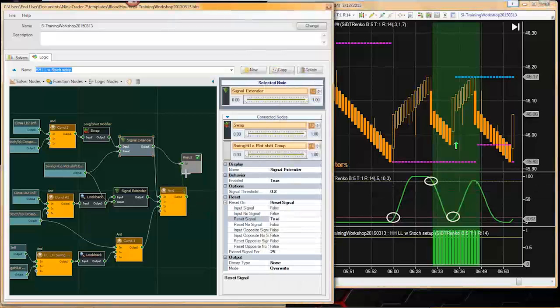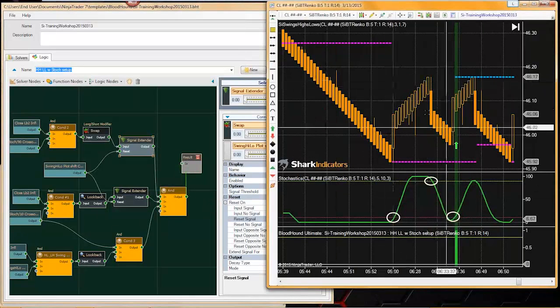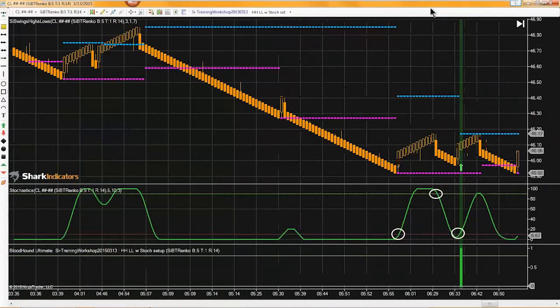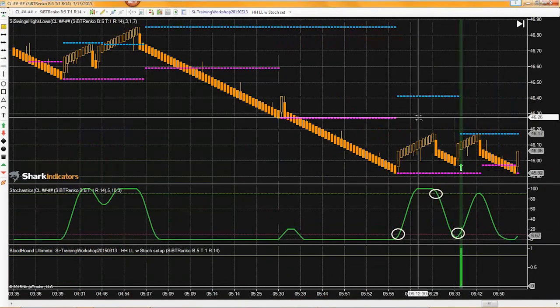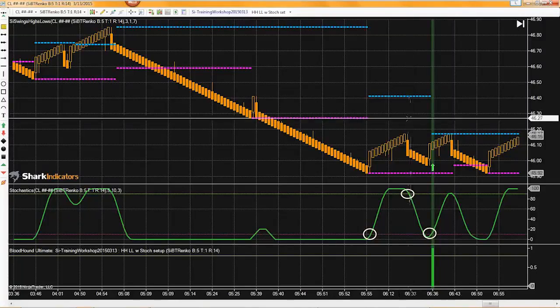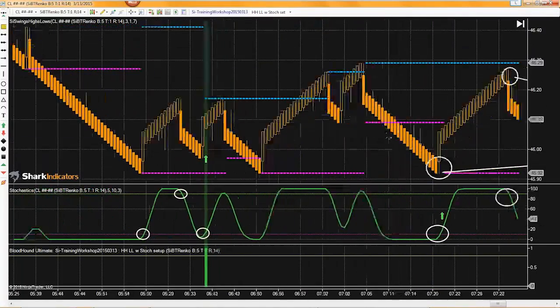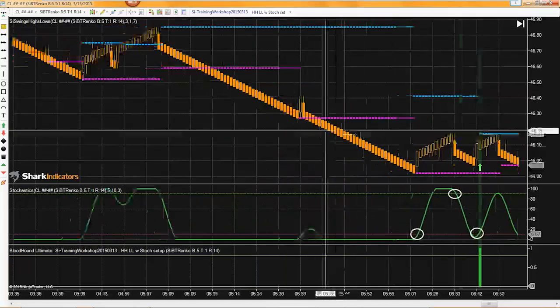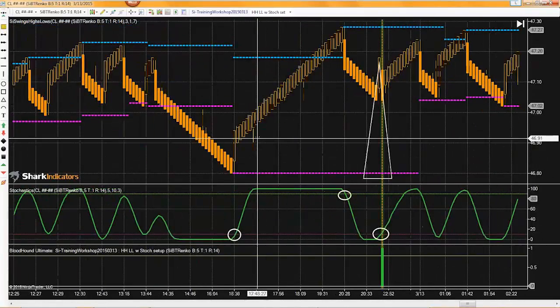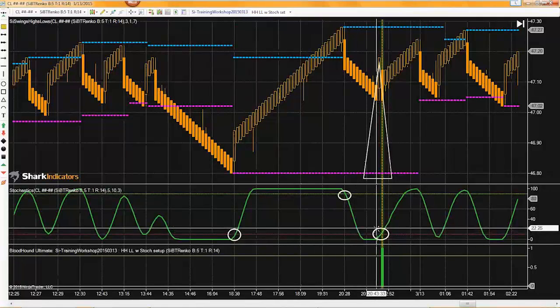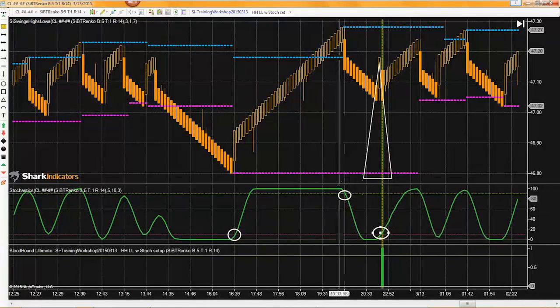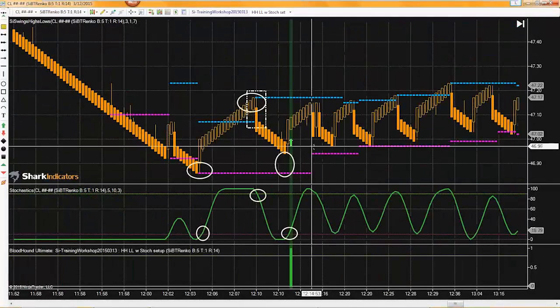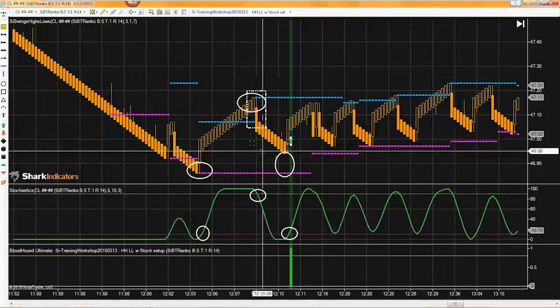Okay, so now, and there we go. There's our trade signal there. All right, and let me just scroll back, and okay, so we have our trade signal here on this one, and we still have our trade signal on this one back here.